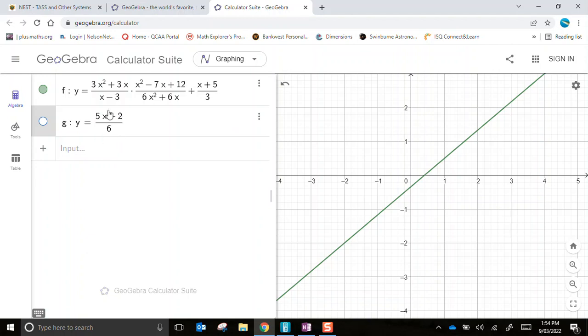Now here's my answer. I entered the answer, y equals, and if it truly is the same thing, when I hit the button here, it turns out to be exactly the same picture on the graph. That shows me that these two algebraic expressions really are doing the same thing. They are equal to one another.